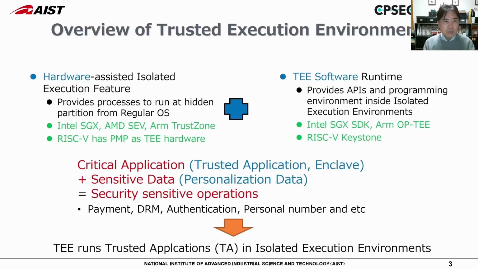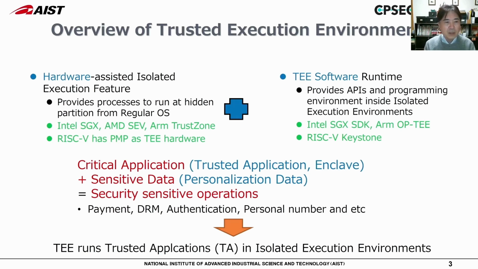I am going to start by explaining what a Trusted Execution Environment is. It requires both hardware and software. On the hardware side, the CPU must have a particular feature to provide the TEE environment, and on Intel's CPU it's called Intel SGX.